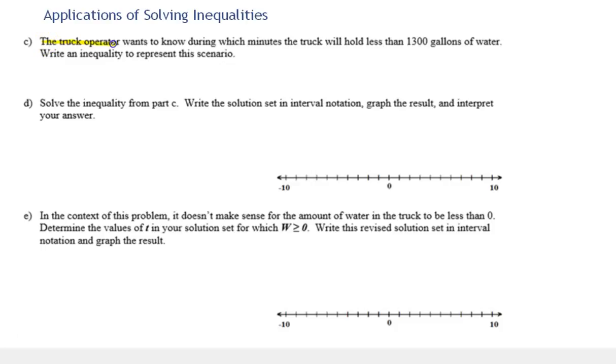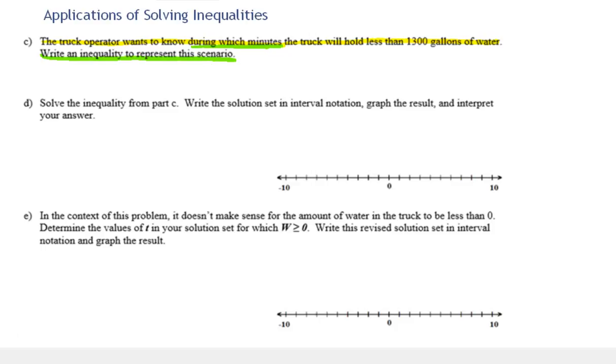The truck operator wants to know during which minutes, I'm going to put that in green, during which minutes the truck will hold less than 1,300 gallons of water. And we want to write an inequality to represent this scenario. Okay, so let's look at our equation.